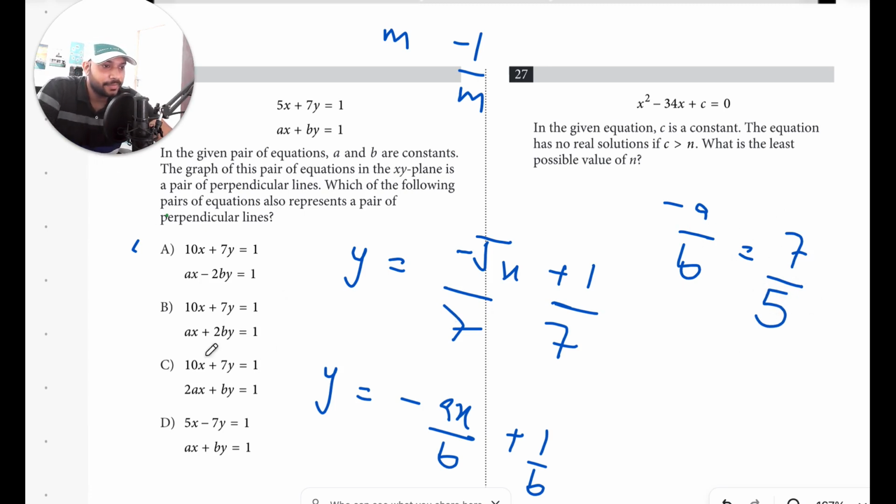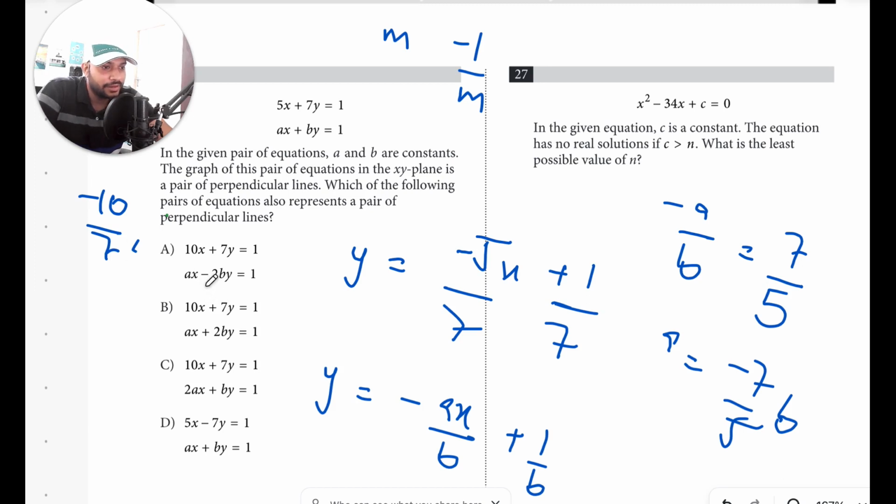So let's check here. A is equal to negative 7 over 5 b. Where do we get that? 10x plus 7y is equal to 1. Ax minus 2by is equal to 1. Do we get that? The slope for the first equation would be negative 10 over 7.